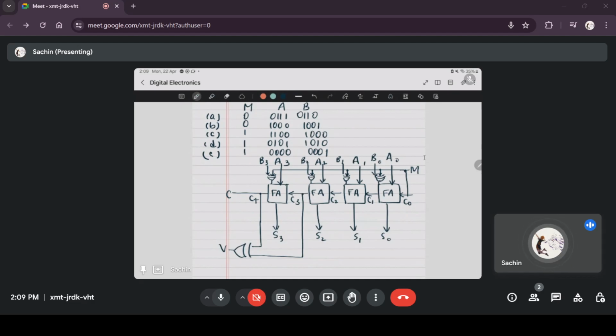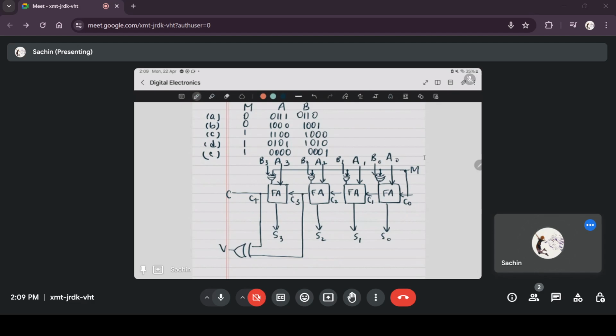So for that, we will have to give an input carry of 1. So the 2's complement is nothing but the 1's complement plus 1. So when M is 1, input carry C0 is also 1. And this particular circuit will perform the subtraction operation then.